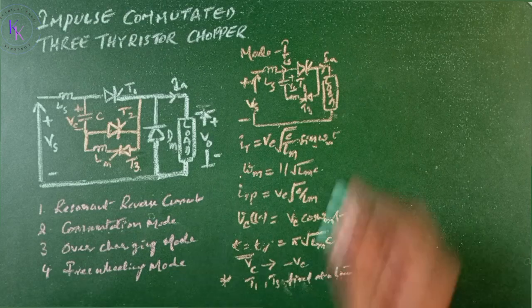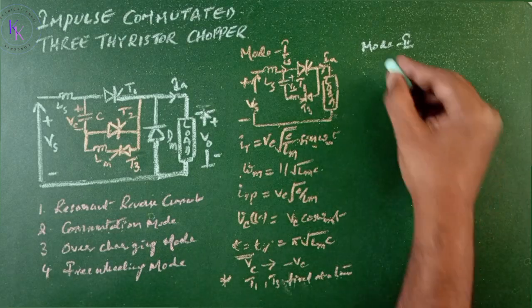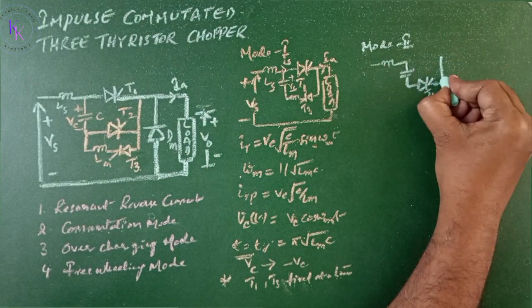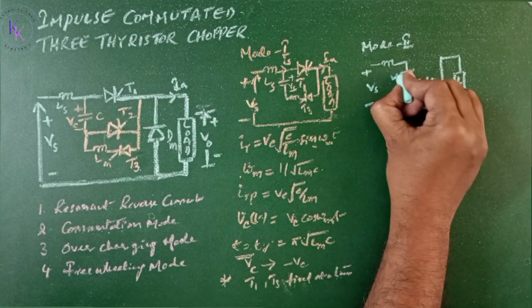Now, mode 2. Mode 2 begins when commutation thyristor T2 is fired and the capacitor C discharges and recharges through the load at a rate determined by the load current. As T2 is fired, T1 is going to turn off. Now this Vc is negative.